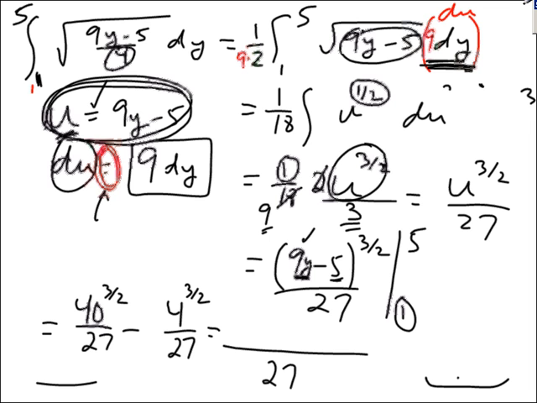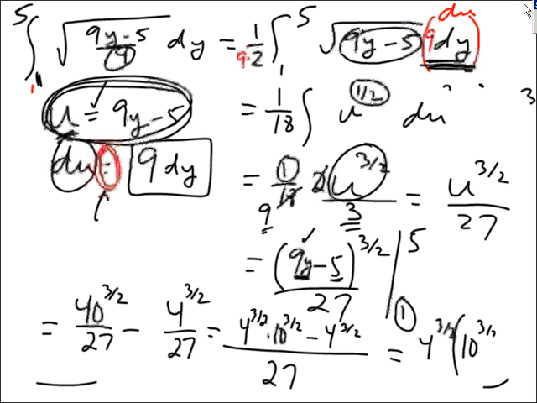And 40 to the 3 halves is 4 to the 3 halves times 10 to the 3 halves, minus 4 to the 3 halves. I'm setting it up so I can factor out 4 to the 3 halves. Four to the 3 halves times 10 to the 3 halves minus 1 over 27.